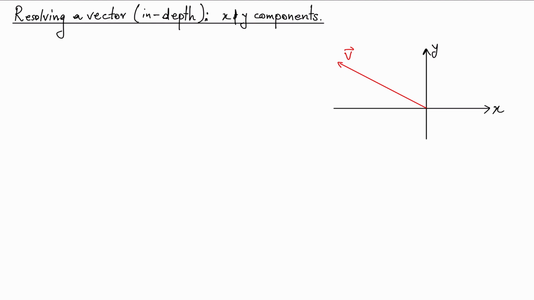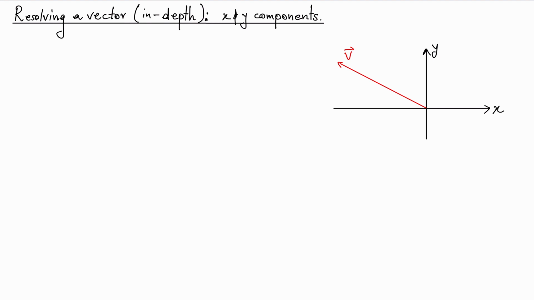So over here, I have a vector which is located in some coordinate system. Our coordinate system has a y component and an x component, and anything along the side-to-side direction is going to be the x, anything along the up-down direction is going to be the y.